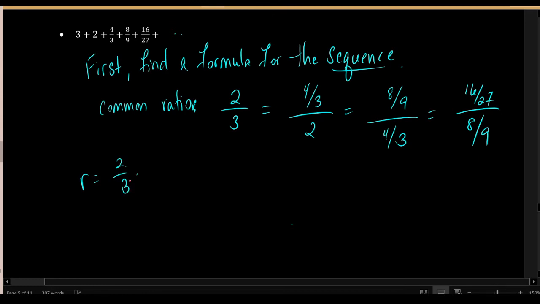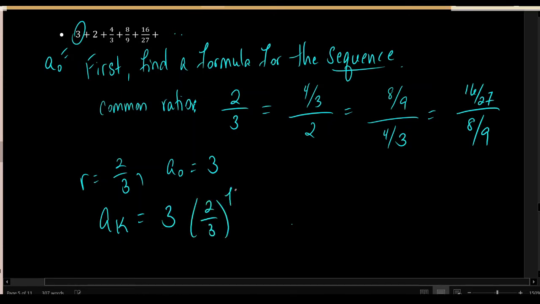Let's also acknowledge the fact that our initial term, our a0, is equal to 3 in this case. So the formula for our sequence is the initial value, 3, times the common ratio to the power k.